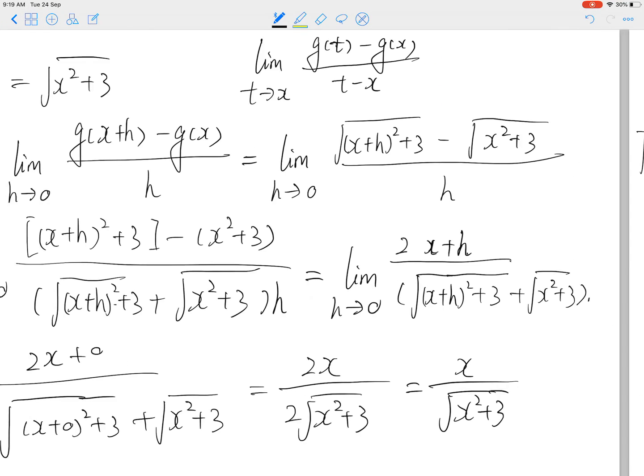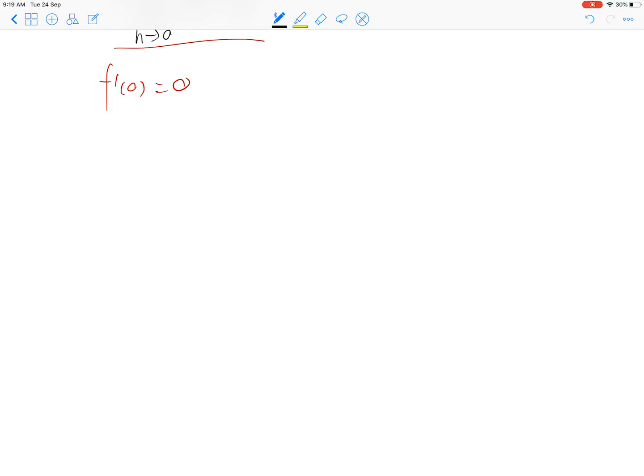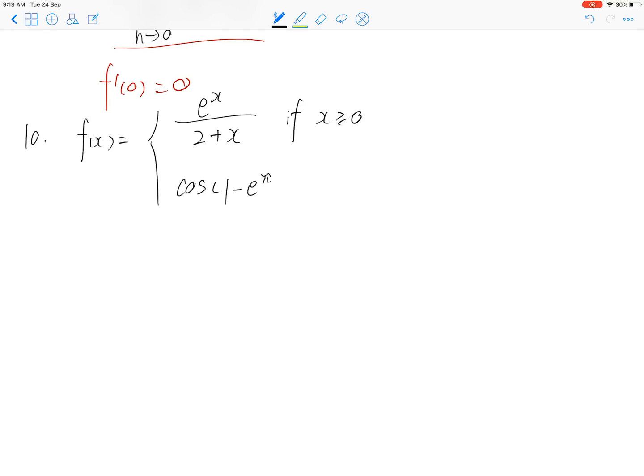Problem 10. f(x) is e to the power of x over 2 plus x if x is greater than or equal to 0, and cosine of 1 minus e to the power of pi x if x is smaller than 0.